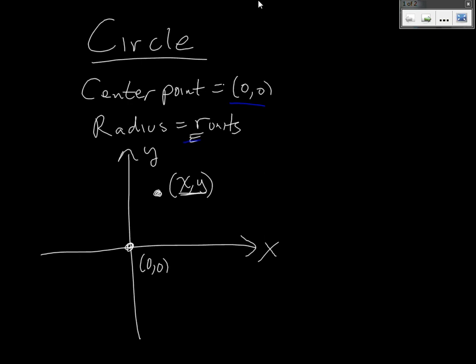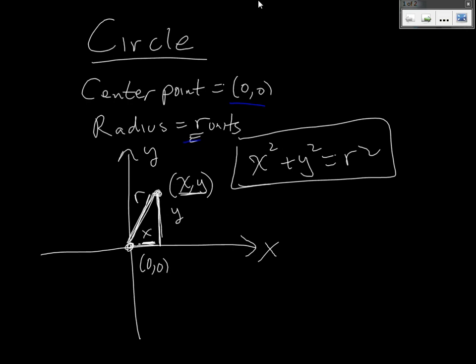The reason this point is xy is because that distance is y, and this distance is x. That distance is x, and that distance is r. And I want it to be r. So Pythagoras would say, oh, x squared plus y squared equals r squared.